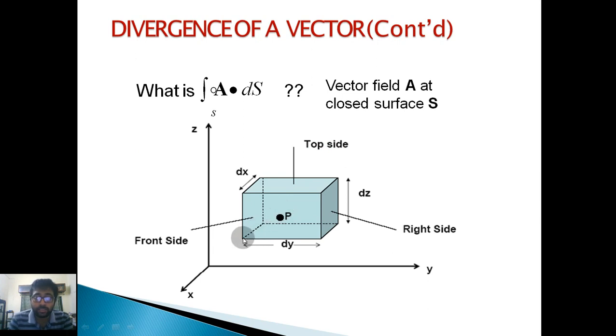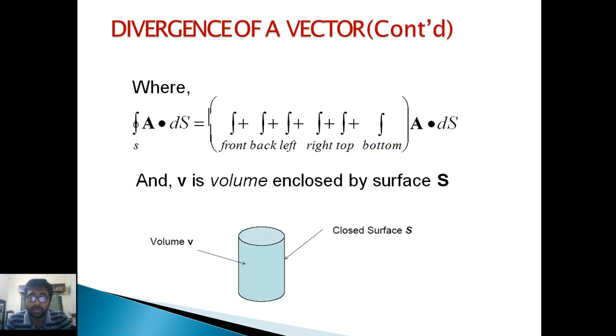From this point to this point, we'll take an integral, and we'll take an integral of left to right from this point to this point. That has been described here. It is from front to back, left to right, and top to bottom.